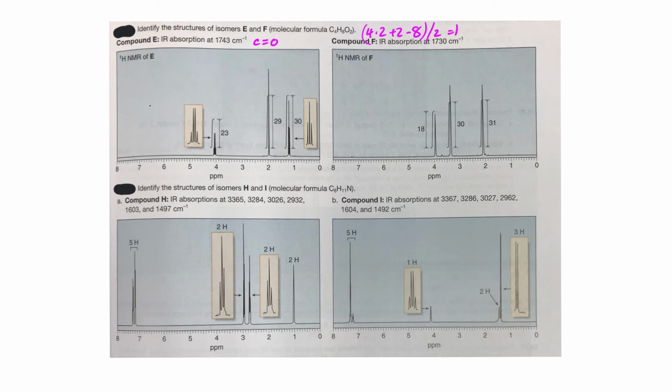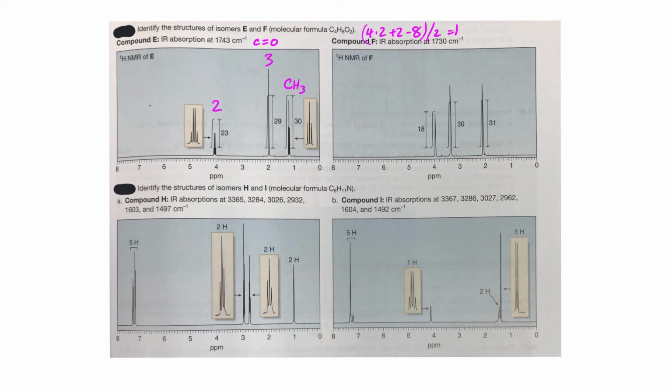As we've been saying for a while, signals at around 1 or 1.2 ppm typically are methyl groups. So this is probably a CH3. We do have 8 hydrogens in our formula, so most likely we have a 3 to 3 to 2 ratio, and that makes sense because 23 is close enough to 2/3 of 30 or 29. So these are probably the ratios we have, 2 to 3 to 3.